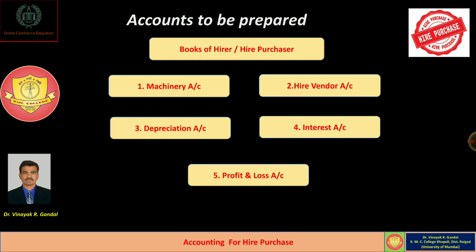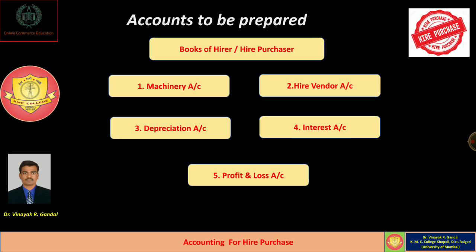Normally machinery account is to be prepared to record the transaction that took place about purchase of machinery and to record the amount of depreciation to be charged in each year.